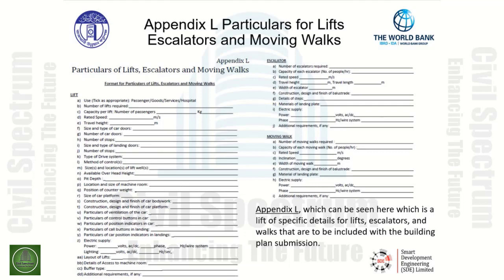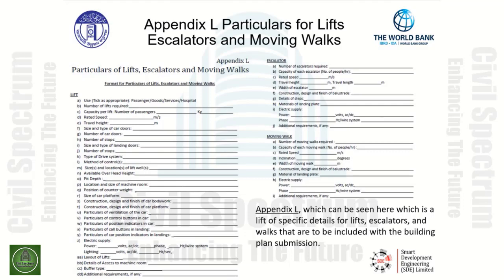When we get to the moving walk category, we will be filling out the number of moving walks required, as well as the capacity of each moving walk. Again, rated speed. D gives us the inclination in degrees as well.